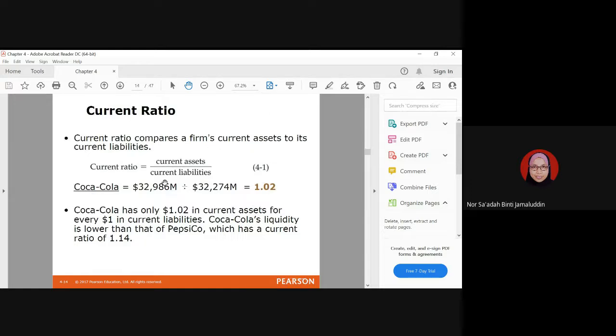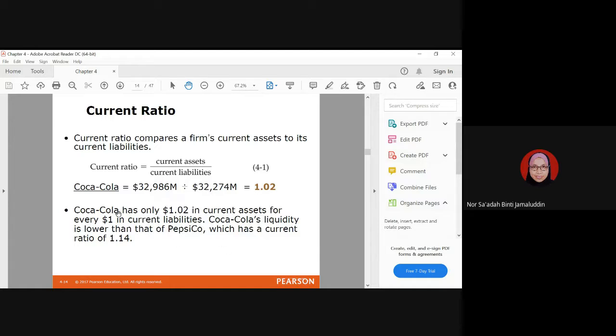Okay, how to interpret the answer? Okay, Coca-Cola's current ratio is 1.02. Okay, as we learned before, in order to do the ratios, you must compare the ratios for your company with other companies from the same sector, or compare your ratios with the previous ratios.